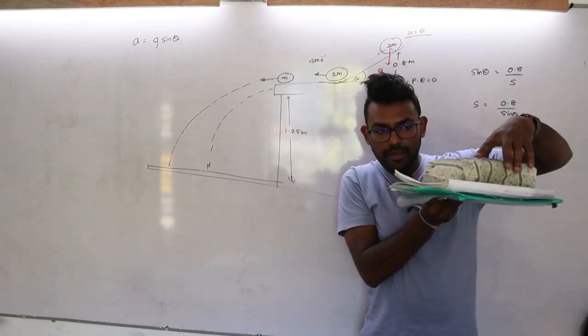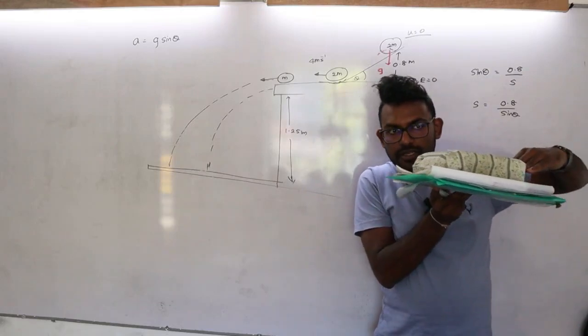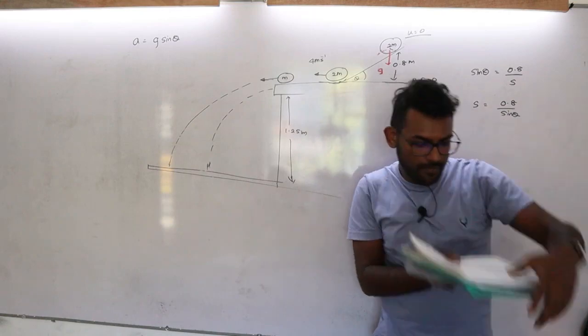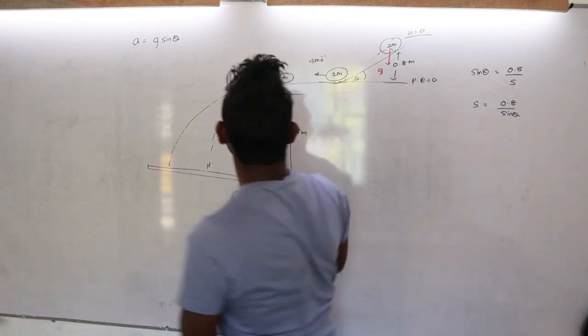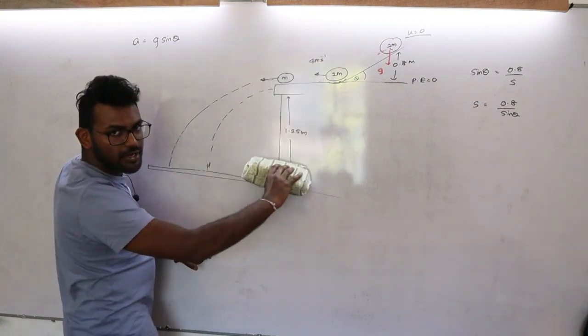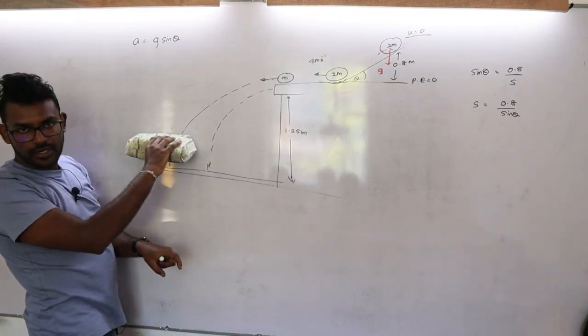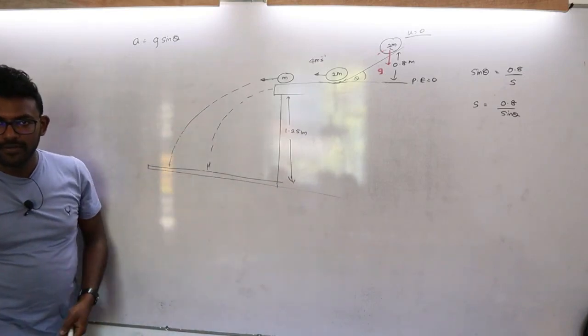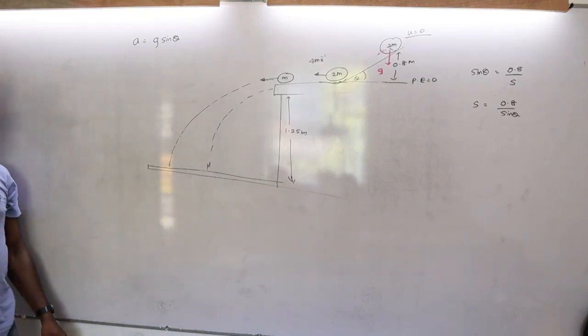Let me show it in slow motion. It's going to go like this and fall down, right? With its horizontal velocity, while it is falling down, it moves forward. So what sort of motion is this?